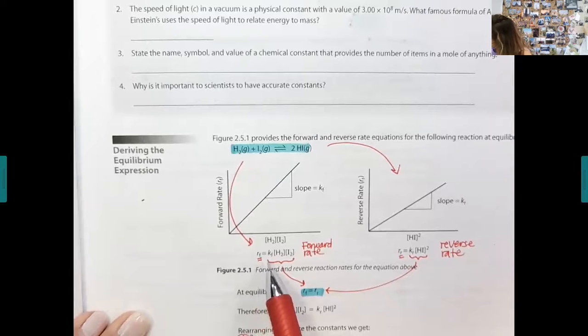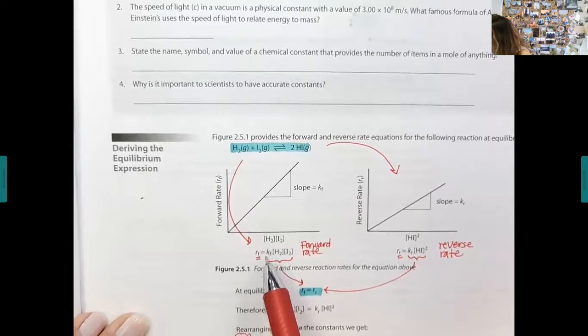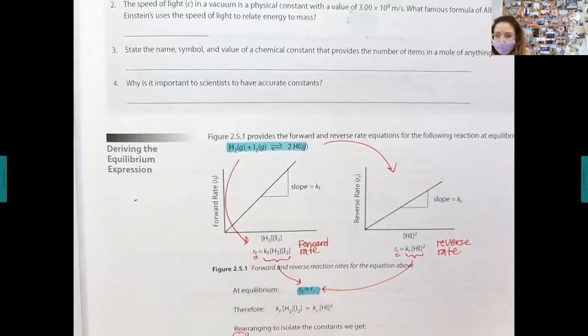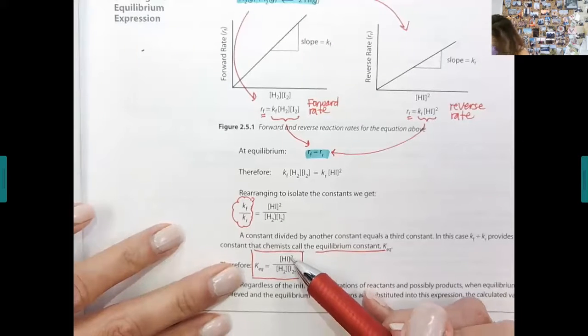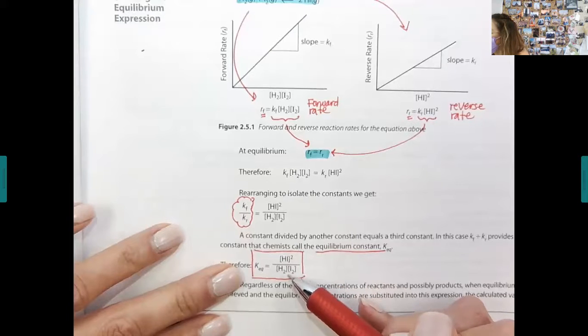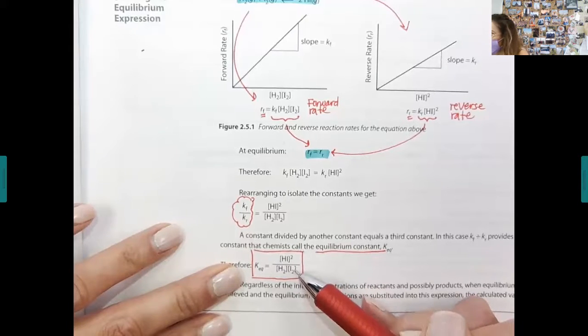I'm sorry, this is the rate of the forward reaction. That's equal to the rate constant for the forward reaction times the concentration of reactants. Whereas this equilibrium constant down here comes from the ratio of the concentration of your products over reactants raised to their coefficients at equilibrium.